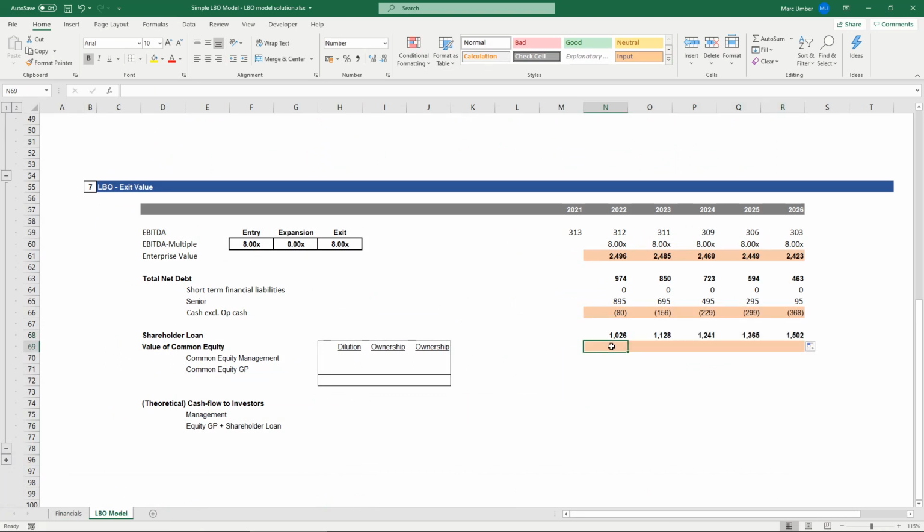And now we can calculate the value of the common equity. So we have an enterprise value minus net debt minus the shareholder loan.